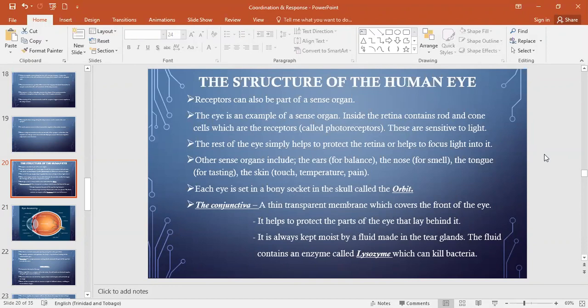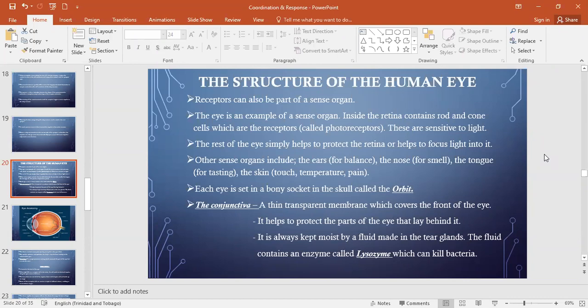The fluid that is made in your tear glands is spread throughout that layer, the conjunctiva, which will keep it moist, and it contains lysozyme, which will kill off any bacteria that tries to enter your eye.